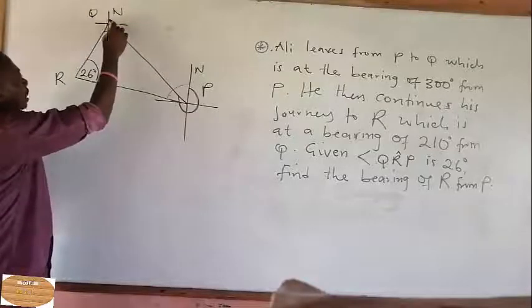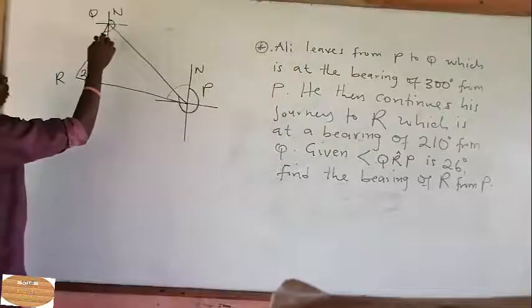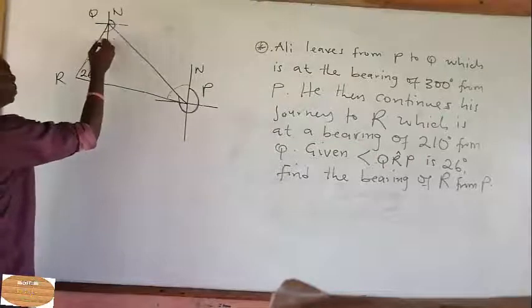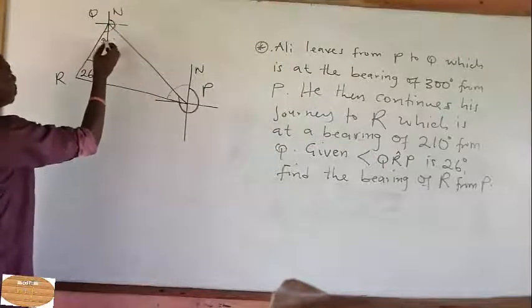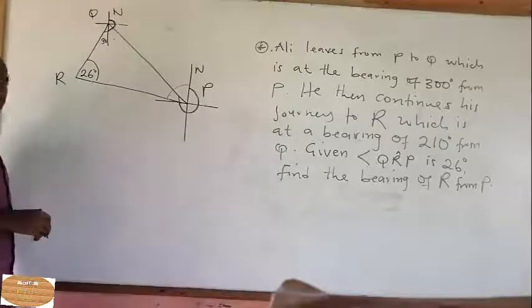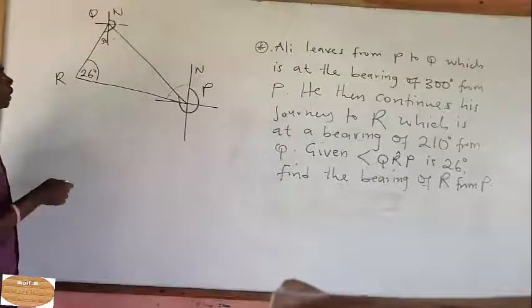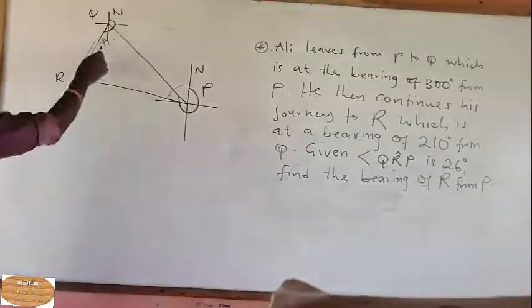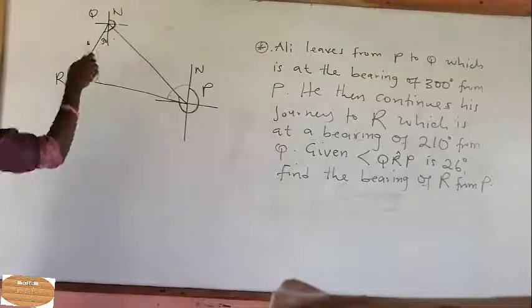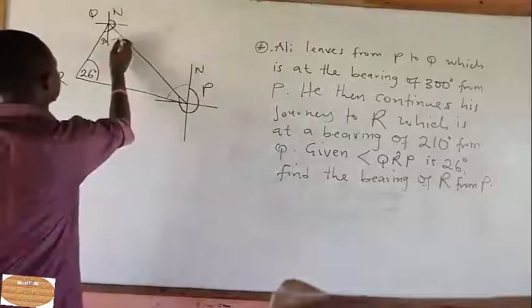From this side to this side is 180. So 180 plus what value will give you 210? Here will be 30. Now we have 30 here, and we are left with this side.